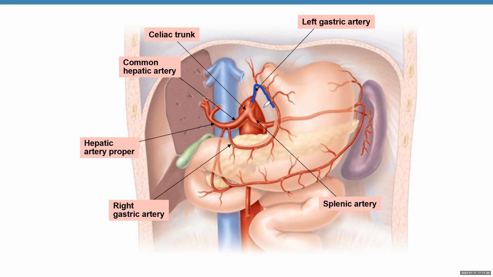Left gastric, splenic, and common hepatic. Now from this common hepatic, we have right gastric. So we have left gastric and right gastric, and then common hepatic becomes hepatic proper that takes blood to the liver, right? So celiac trunk, left gastric, splenic, common hepatic.